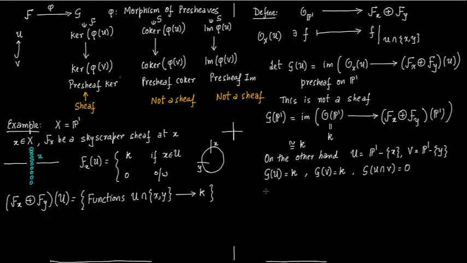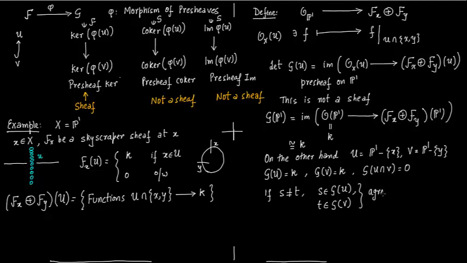So u contains y, so you have K. V contains x, so you have K. But u intersection v does not contain either x or y, therefore it is 0, because the sheaf takes value K at x or at y, and it is 0 everywhere else.